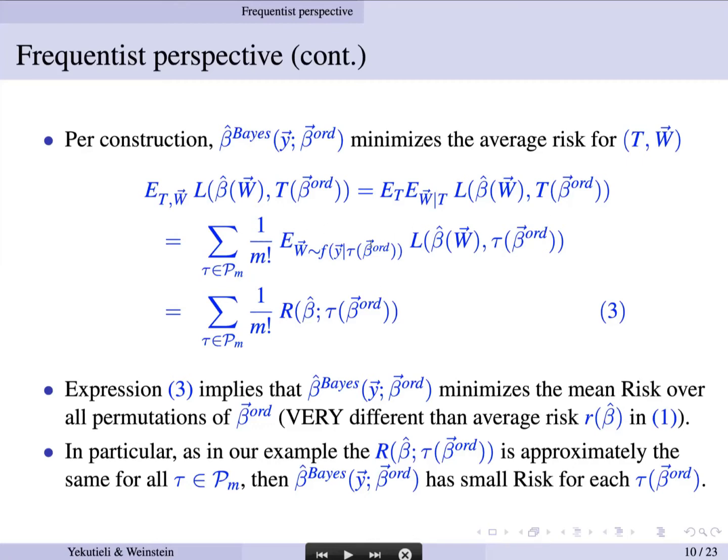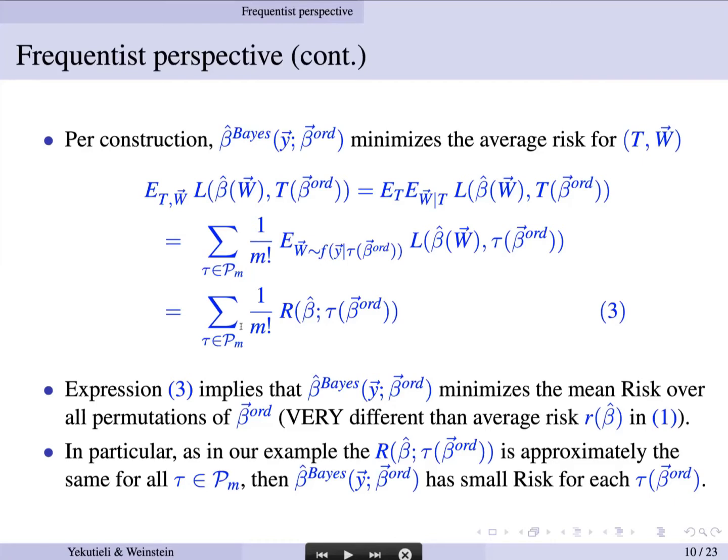That's the expectation of W given T. But W given T, I'm taking W as the observation vector, given the conditional distribution of the data, given this particular permutation of the same object. And look, people, this is the risk. This is the frequentist risk.